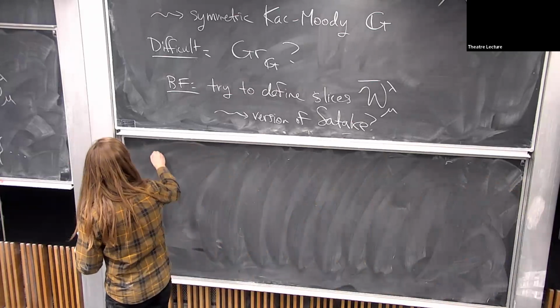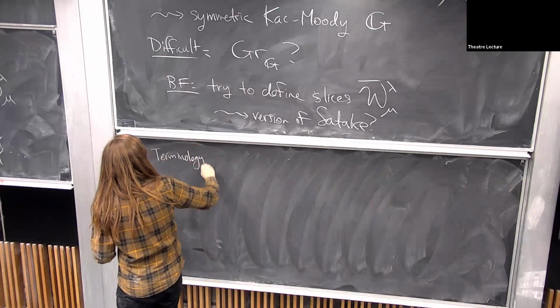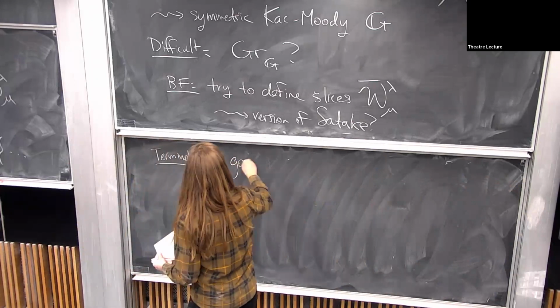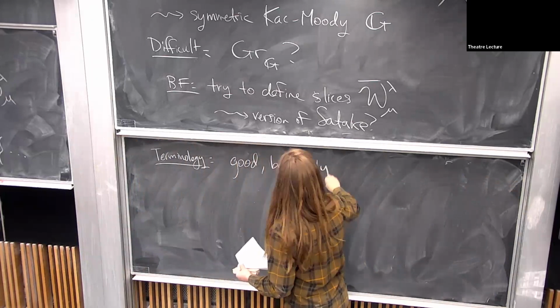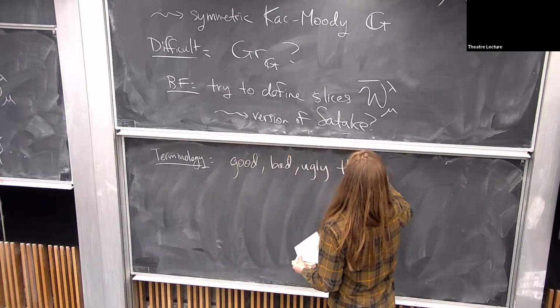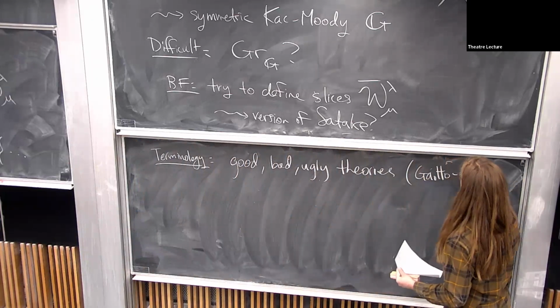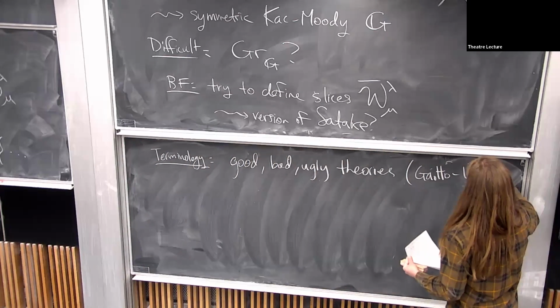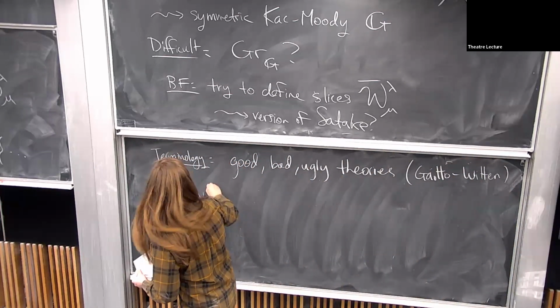So there's a notion of good, bad, and ugly theories, which is due, I think, to Gaiotto and Witten, or at least that's where I've heard of this. And here, what we need to do is look at a different slice.